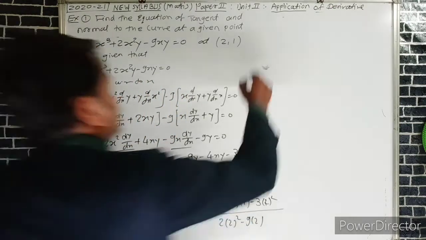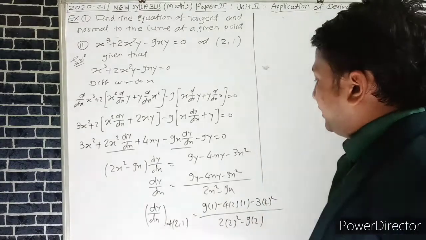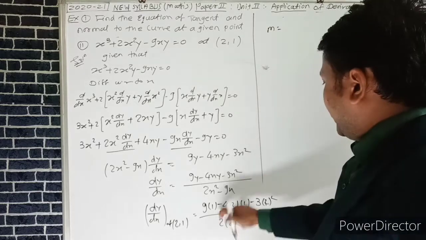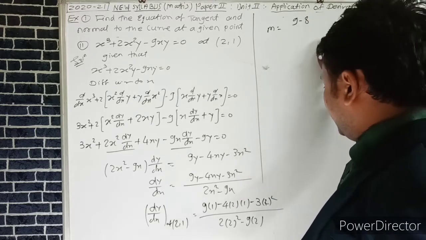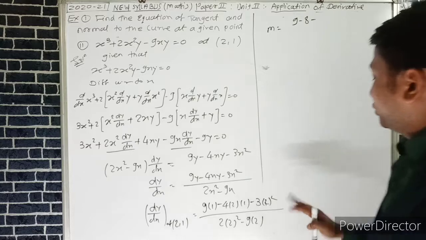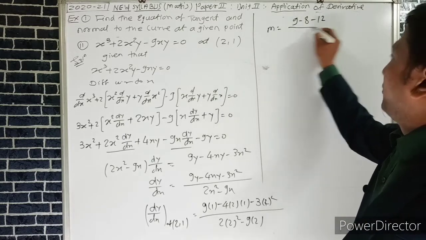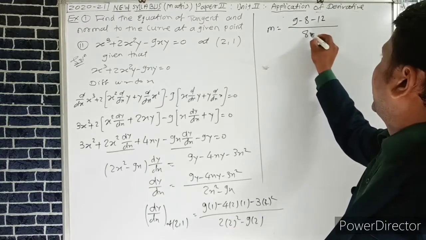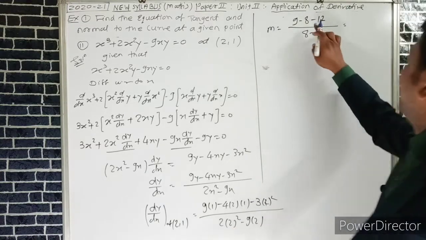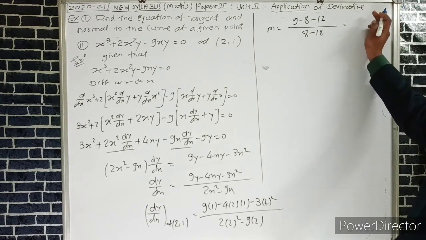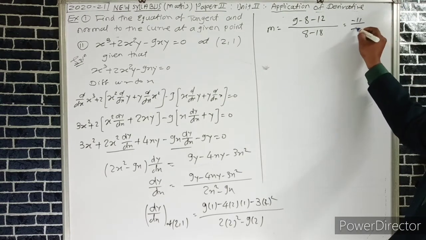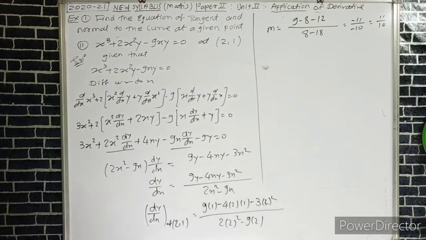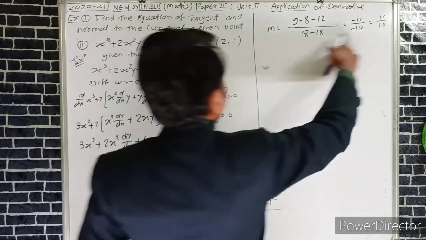Hence dy by dx at (2, 1), which is m, is equal to (9 minus 8 minus 3 into 4, which is 12) upon (2 into 4, which is 8, minus 18). This is minus 11 upon minus 10, which is 11 upon 10. So the slope of tangent is 11 by 10.